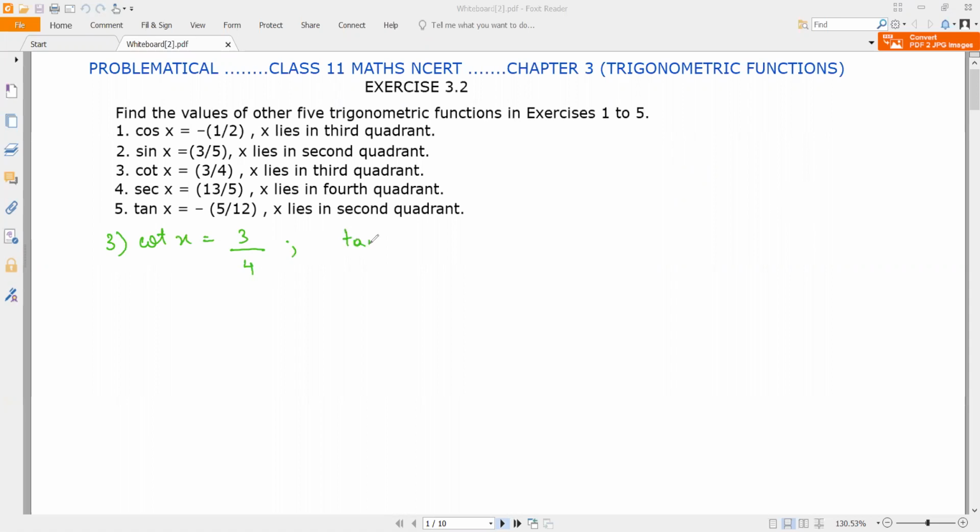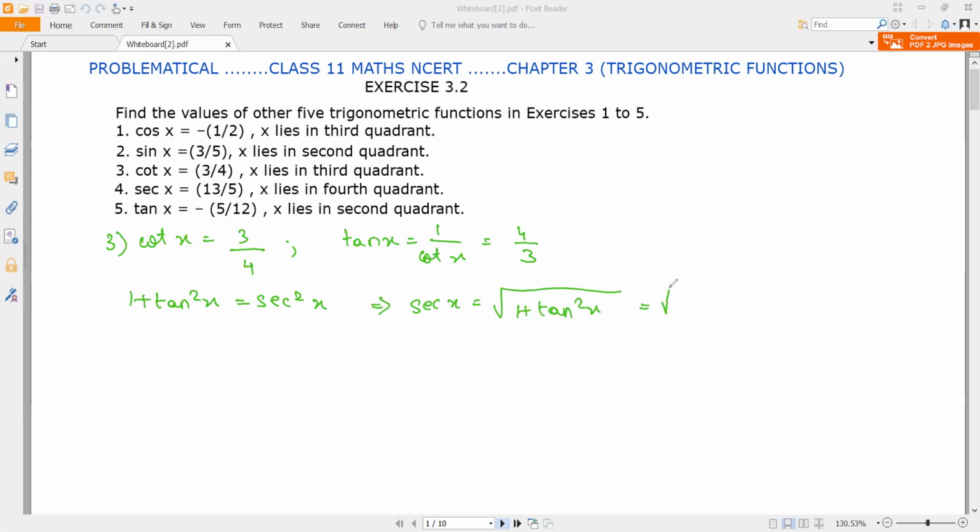If cot x is given, then tan x will be equal to 1 upon cot x, which is equal to 4 upon 3. Now, 1 plus tan square x is equal to sec square x, which implies sec x is equal to root of 1 plus tan square x.